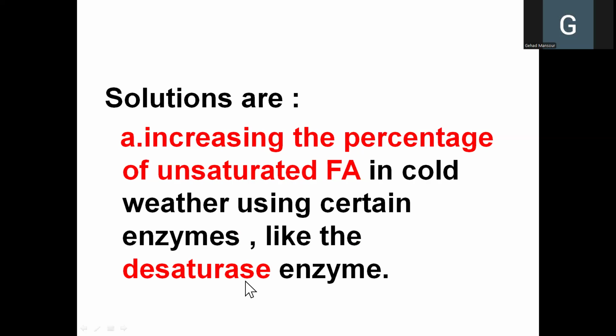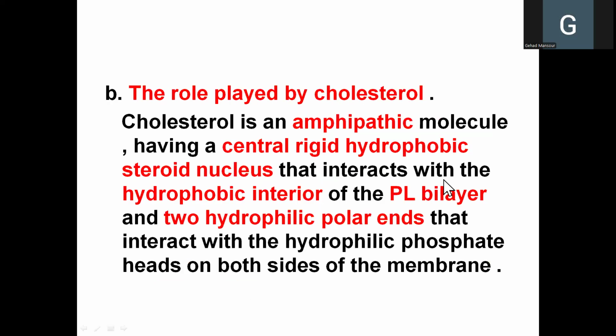As its name indicates, the desaturase enzyme helps converting the saturated into desaturated or unsaturated fatty acids. So the desaturase enzyme will be formed, and the gene for the desaturase enzyme formation will be turned on only when the weather is cold.